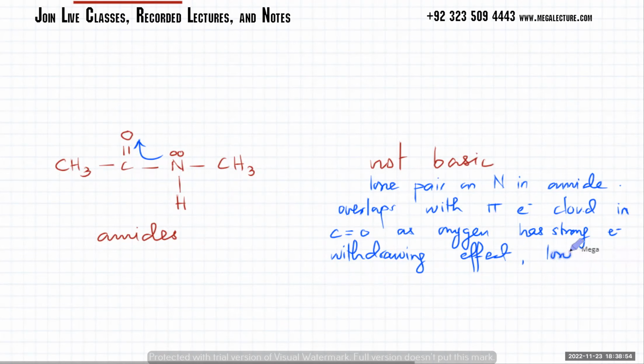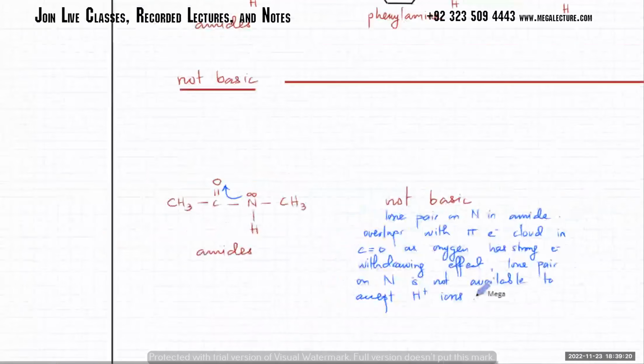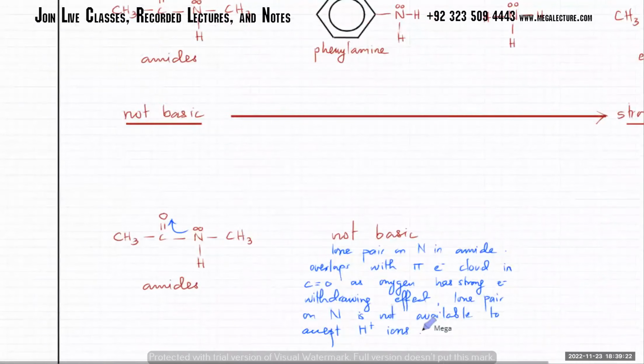So lone pair on N not available to accept. So it's not able to accept H plus one ions. So that's the answer for this one, ठीक है. If anyone is going to ask you why it's not basic, तो वो उसका आंसर है.